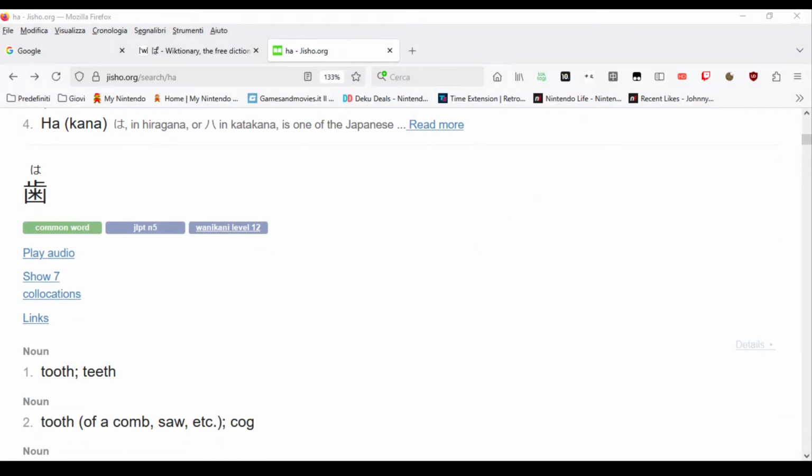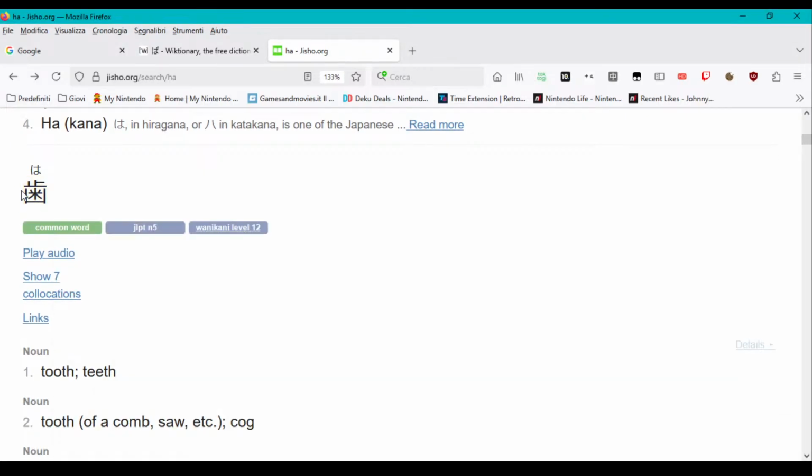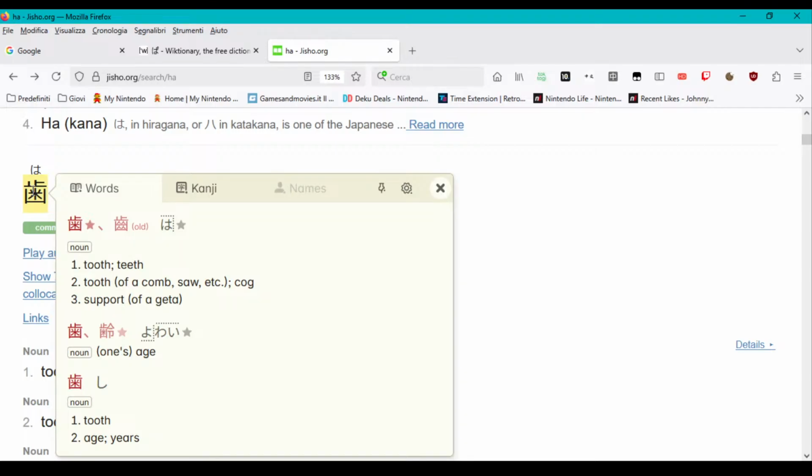We can now see some actual words with actual ha in this case. For example, ha, accented, as you can see.